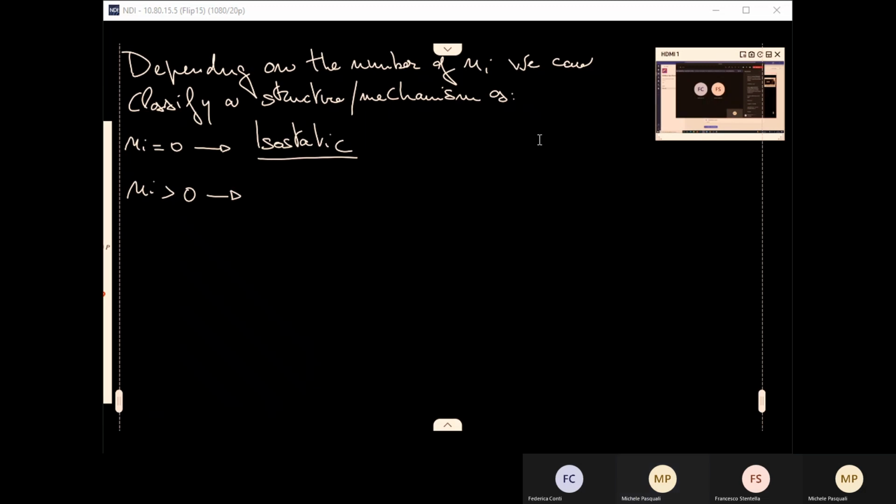Okay? For Ni lower than 0, so negative, allora, you can call it unstable. I think labile is actually also an English term. Otherwise, you can call it stable. Okay.